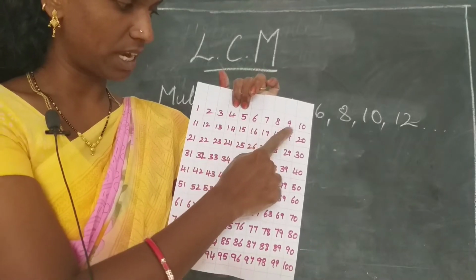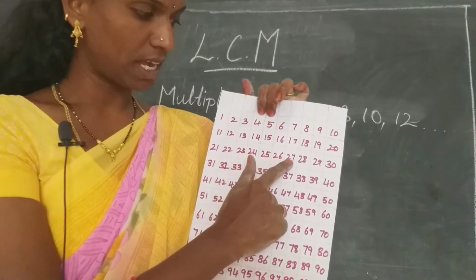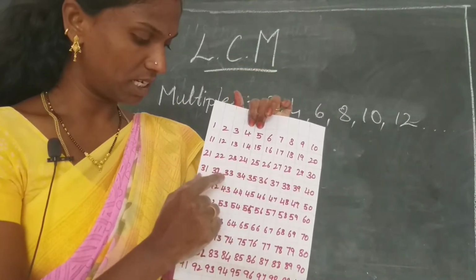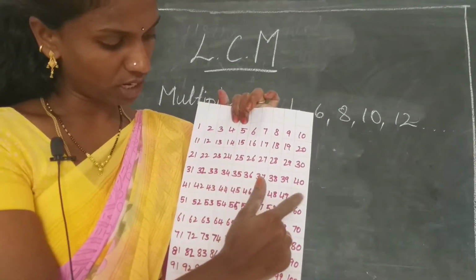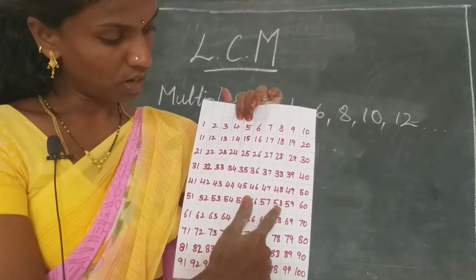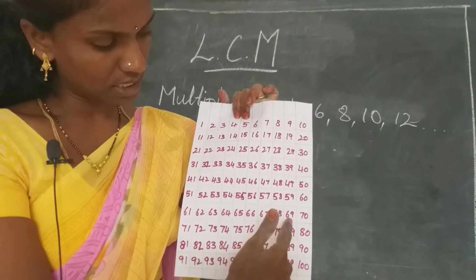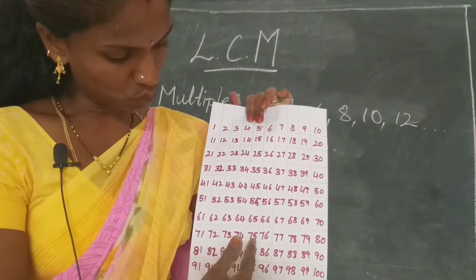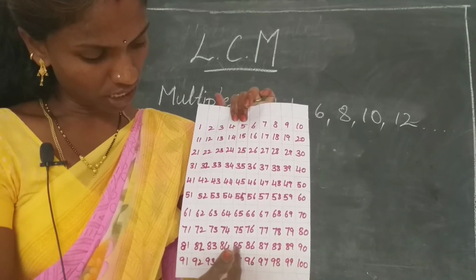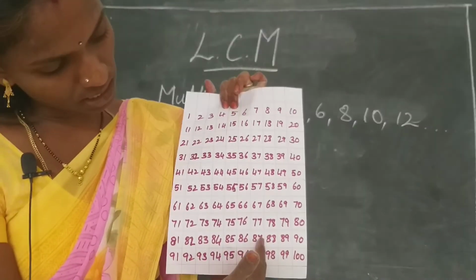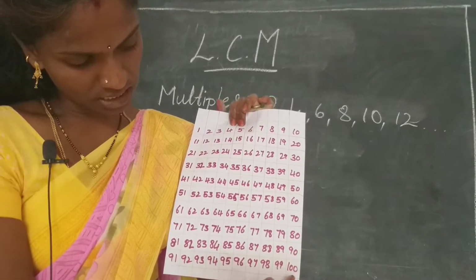15, 3 sixes are 18, 3 sevens are 21, 3 eights are 24, 3 nines are 27, 3 tens are 30, 33, 36, 39, 42, 45, 48, 51, 54, 57, 60, 63, 66, 69, 72, 75, 78, 81, 84, 87, 90, 93, 96, 99.